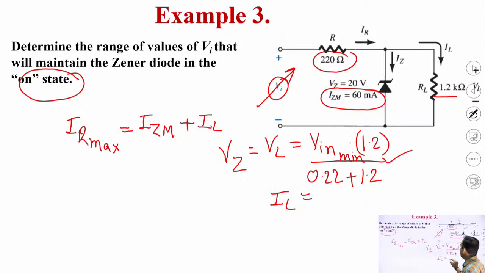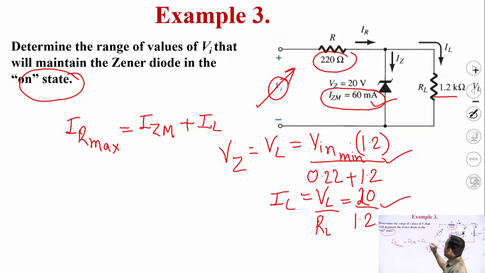As we are already aware, IL equals VL divided by RL, and VL was 20 here, sorry, and the load resistance is 1.2. So with the help of this we can calculate the value of IL. Now the IL is known, and in this question the IZM, which is the maximum Zener current, is also known, which is 60 milliampere. That means we can obtain the maximum current, IR max.